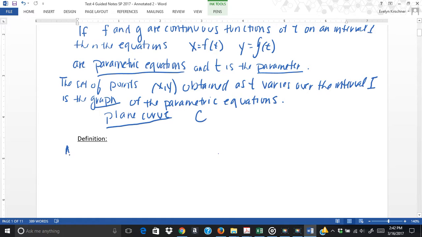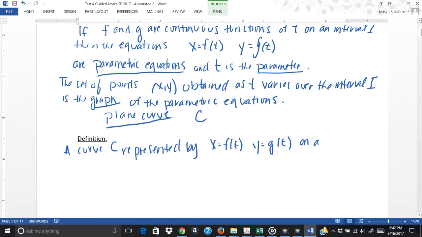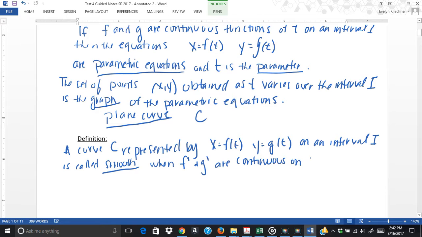So a curve C represented by x is f of t and y is g of t on an interval I is smooth when the derivatives are continuous on I and not simultaneously 0, except at the endpoints.